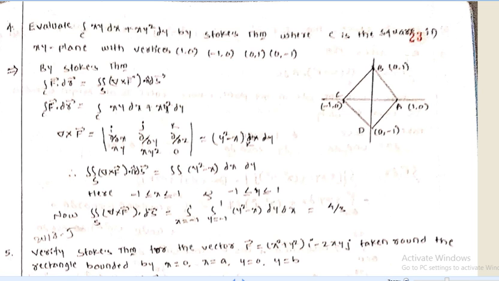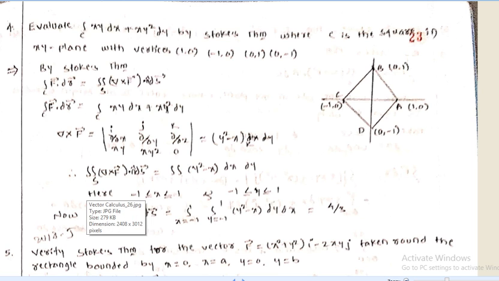So on expanding this determinant we get (y² minus x) dx dy, because ∂/∂y of 0 is 0, ∂/∂z of xy² is 0, ∂/∂x of 0 is 0, ∂/∂z of xy is also 0, and ∂/∂x of xy² is y², and ∂/∂y of xy becomes x here. So that is (y² minus x) k, and you know that k denotes dx dy.